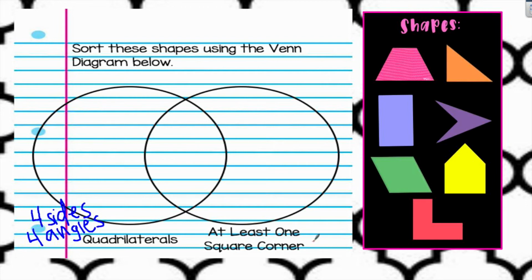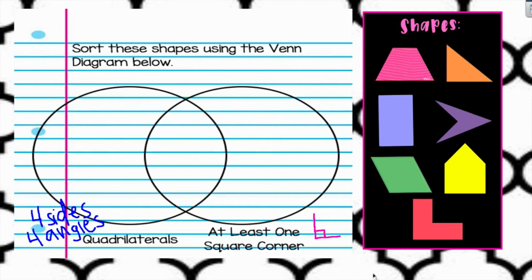In order for a shape to have a square corner, the sides have to meet at an angle, almost in an L shape, so they can have a square right there. So we need to be thinking about these 2 things whenever we're sorting our shapes.